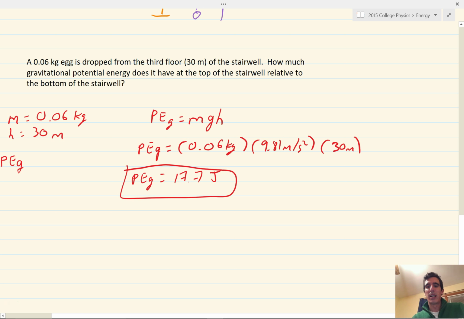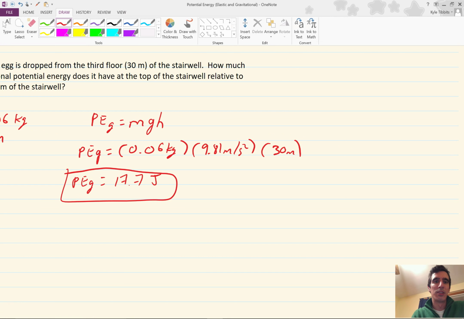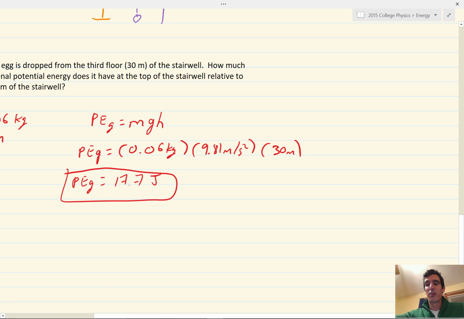Now if we want, we can look at how much potential energy this has from the top floor to like the first floor. So what we'd have to do is look at the height. And instead of 30 meters, if it goes from the top, the third floor, to the first floor, the change in height would go from 30 to 10.